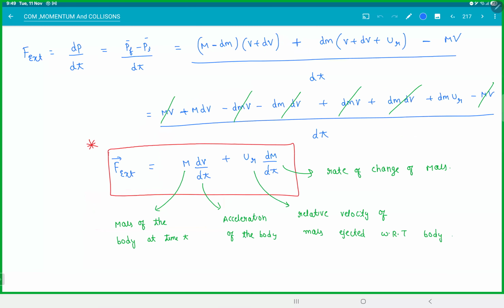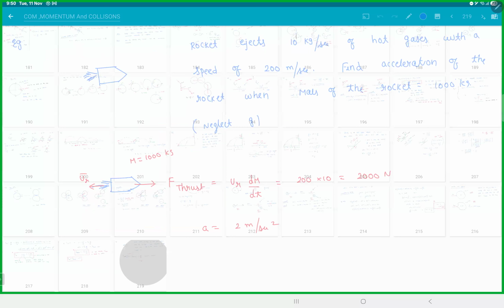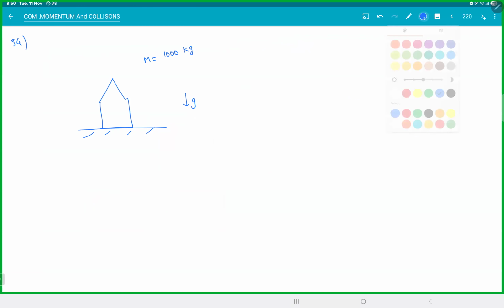So let me ask you one more like this, an easy one. Let's see, you tell me. Let's say we have a rocket on the ground. Gravity is there this time. Mass of the rocket is, let's say, 1000 kgs. The gas is being ejected. So this is the scenario at t equal to 0.